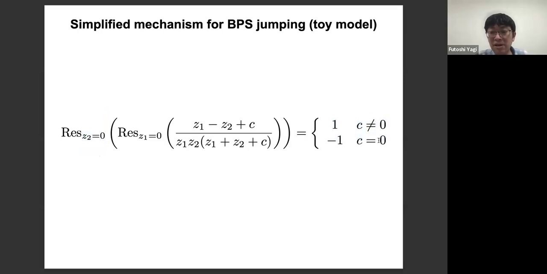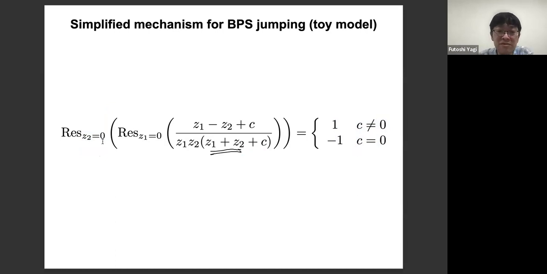and further taking the Z2 equals 0 residue, we obtain 1 if C is non-zero. But if C is 0, then this part, which had nothing to do with the pole structure before, matters: this Z1 plus Z2 also vanishes at Z1 equals 0 and Z2 equals 0, and the structure changes.